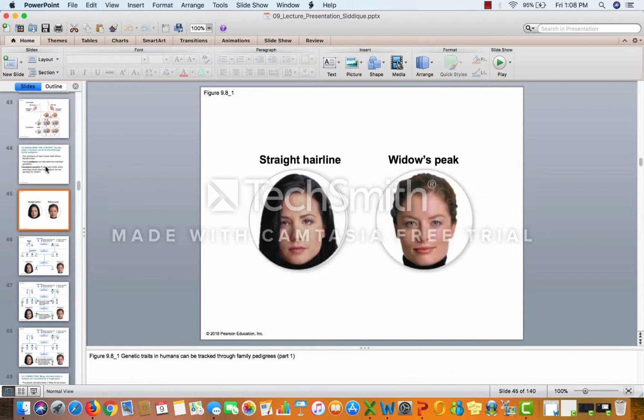If we get the straight hairline, which is two lowercase h's here, and we got a widow's peak, that means it's capital H or a lowercase h, then basically the mom, Libby, would be heterozygous as well. Because the straight hairline is two lowercase h's, the mom's got to be one of the h's, so she's going to be capital H and lowercase h, which is a heterozygous trait.